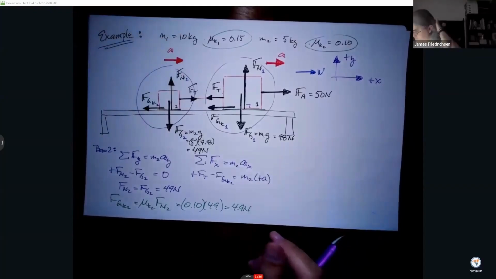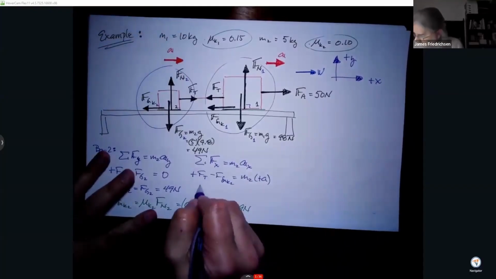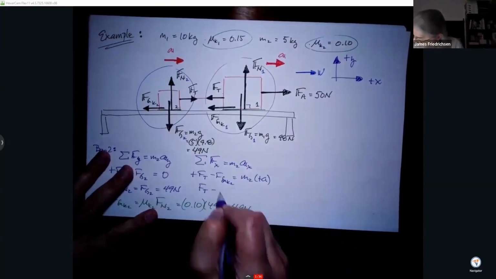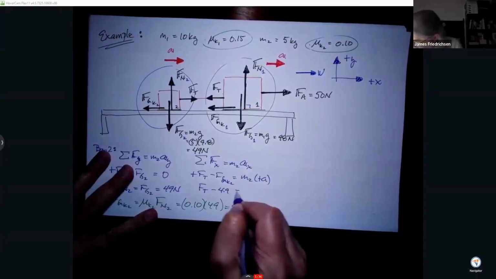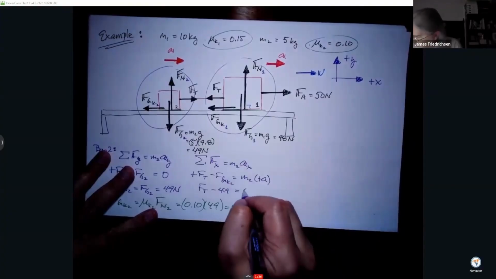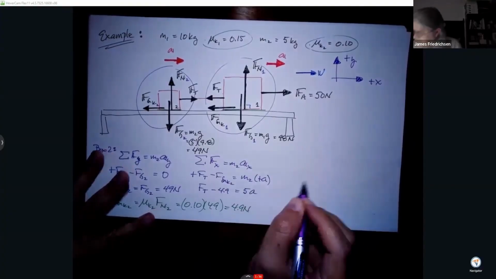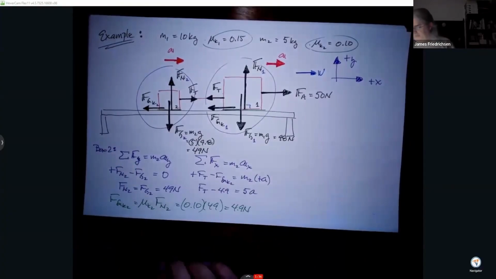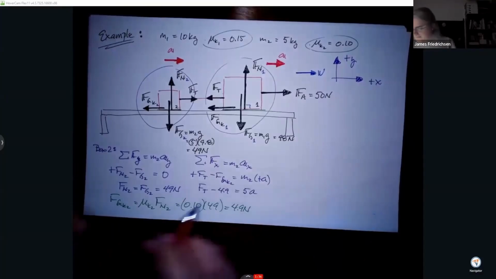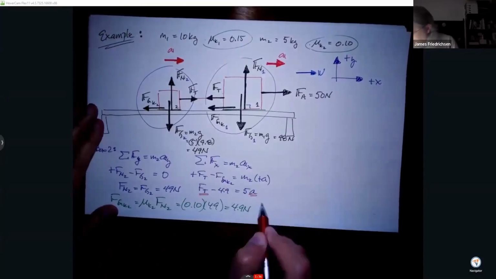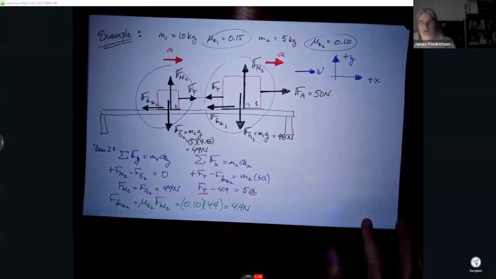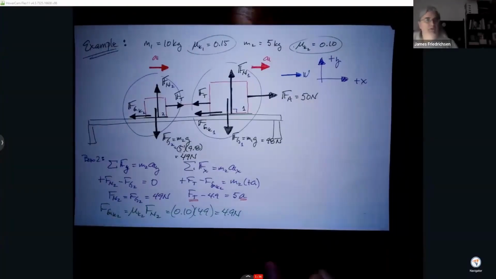Okay, I don't know the tension. Kinetic friction was the 4.9. The mass of box 2 was 5 times A. Now this has two unknowns in it. So we're just going to keep moving on. I'm going to move to box 1 and see what we can write down there.